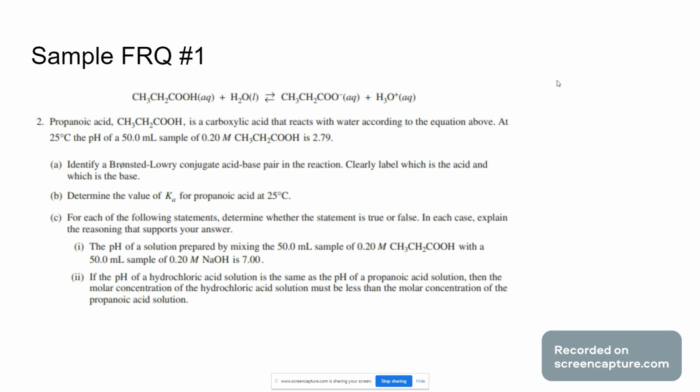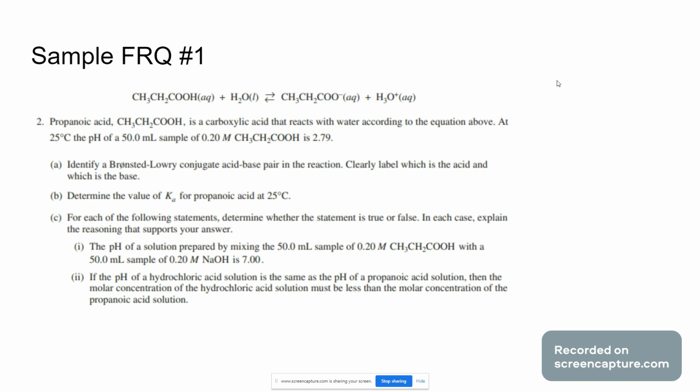At 25 Celsius, the pH of a 50 milliliter sample of 0.2 molar propanoic acid is 2.79. And the first question is asking you to identify a Bronsted-Lowry conjugate acid-base pair in the reaction.